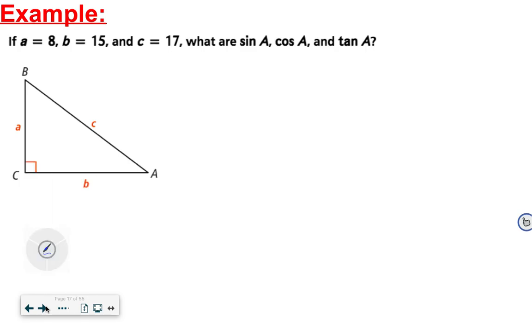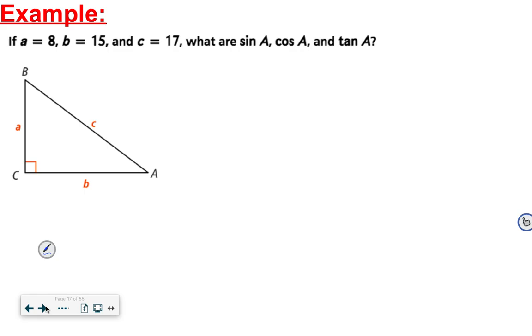Now, in this question, the lengths of a, b, and c are given to you. We will plug these numbers into a, b, c first, and then we are going to determine our angle. Look at this here, ladies and gentlemen.